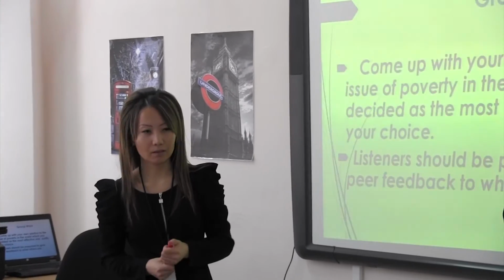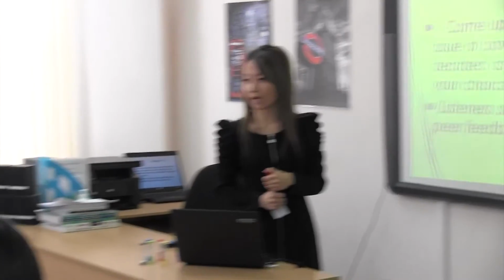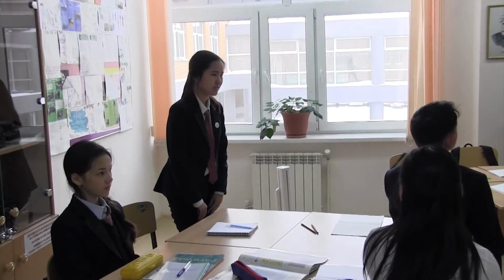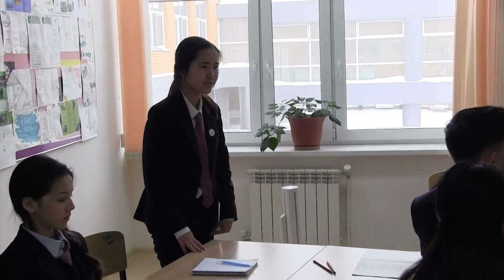What do you think? Do you agree or not? Why not? Camila, please. Of course, we agree with the solution because if education is on a high level, it means you have a future with a good job, and if you have a job, it means you will have money, and poverty will disappear if people have money.